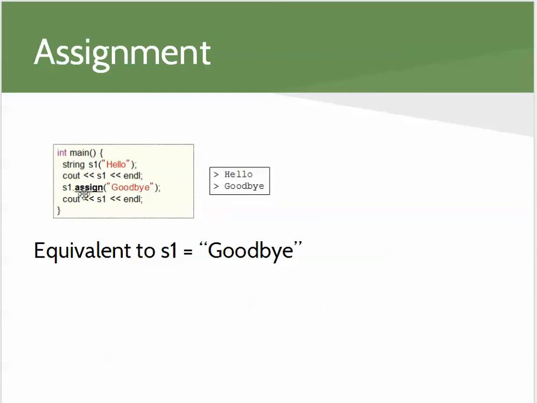Typically, most classes have a method way of doing things. S1.assign("goodbye") will simply make S1 equal goodbye. And then convenience operators will be provided as well. And that's why you see two ways of doing the same thing. It makes absolutely no difference which way you use. A lot of people will prefer using the methods, but this is potentially a lot more clear.